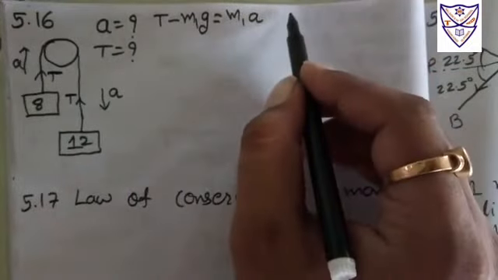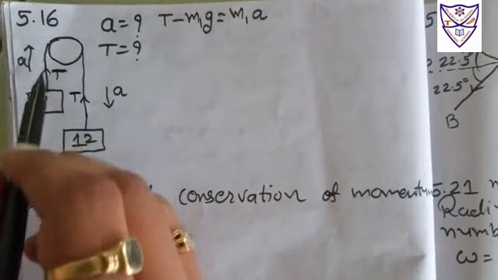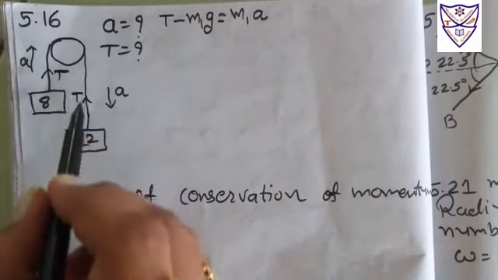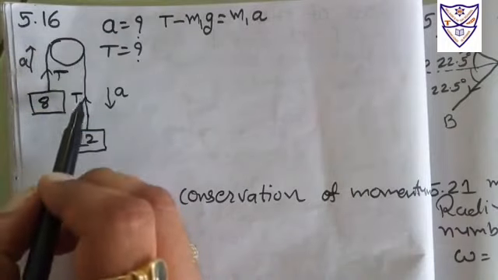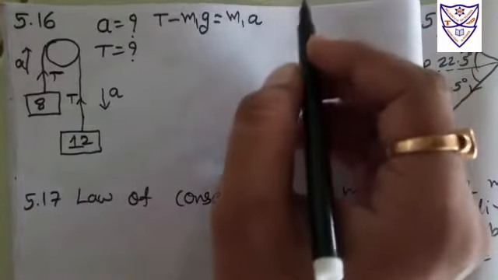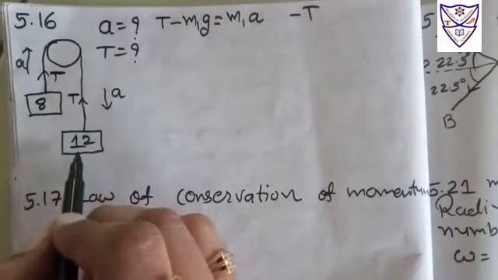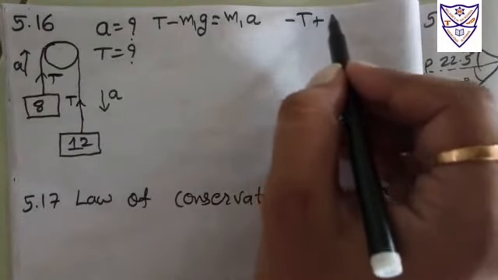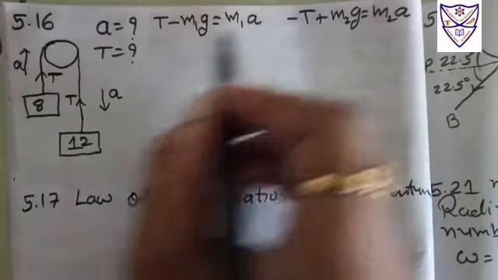Now the second formula, we need to write for this. See here it is upward, but if we are going in this direction, this is in the same direction, but if we are going in this direction, this is opposite, so that's why I have to write minus T. Then in this direction, similar to weight, so that's why I have to write plus m2g is equal to m2a, right?